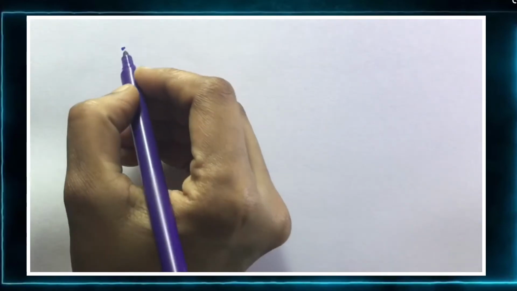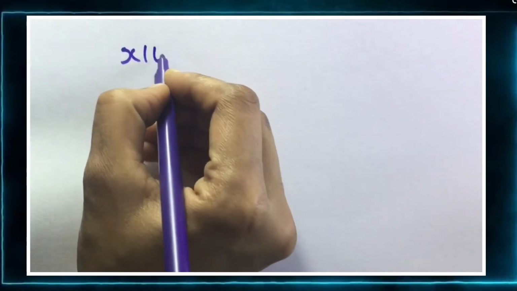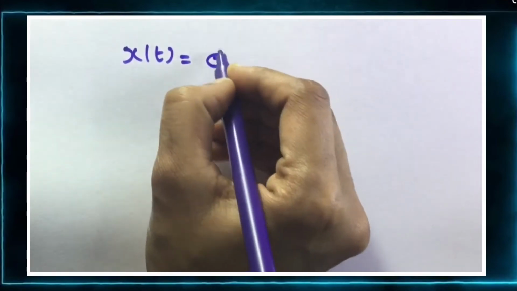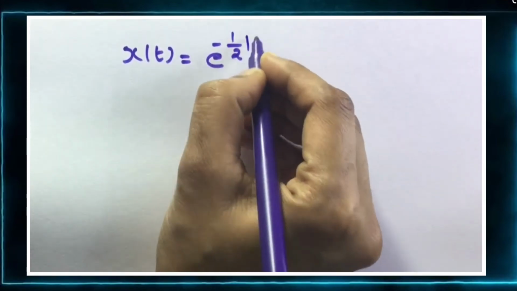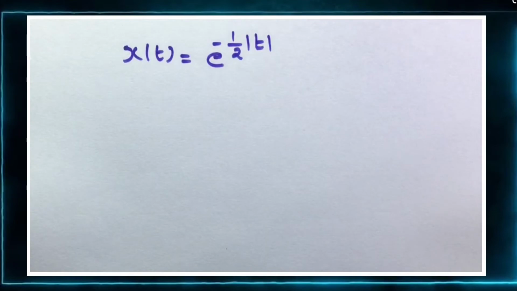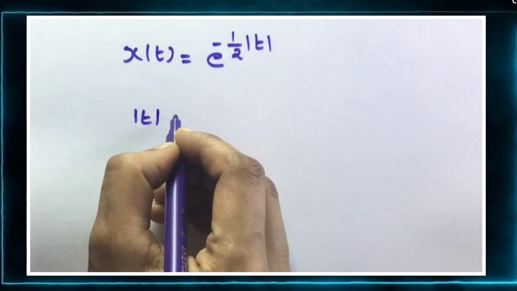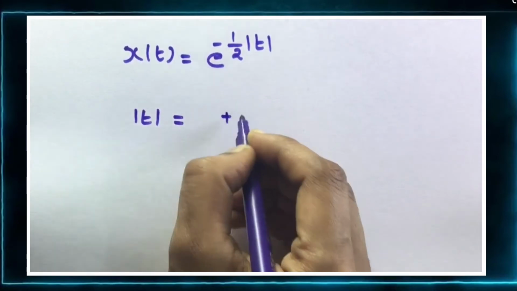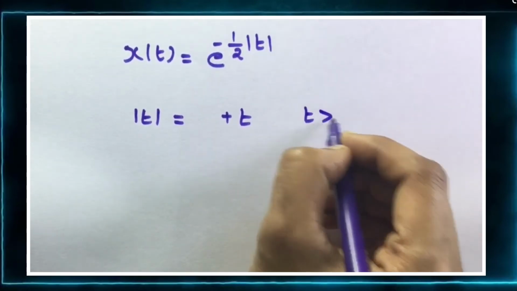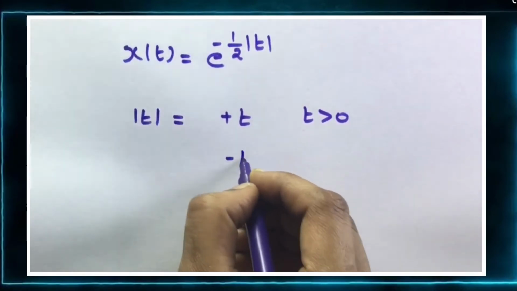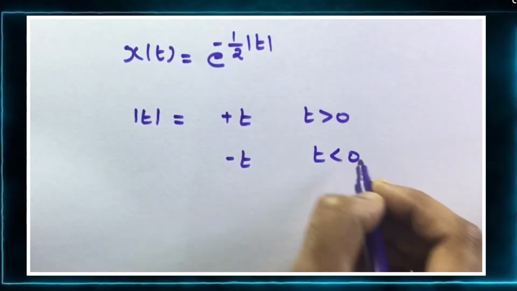Let us first focus on the function. Here we are asked to find the Fourier transform of x of t equal to e raised to minus 1 by 2 mod t. As you know, mod t can be expressed as plus t for t greater than 0 and minus t for t less than 0.